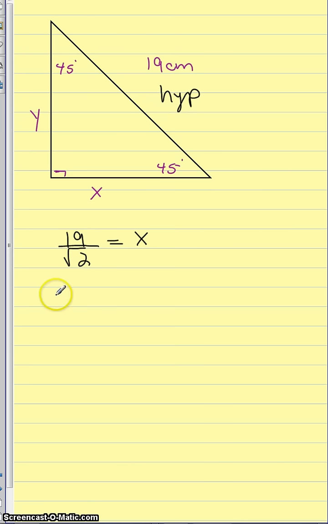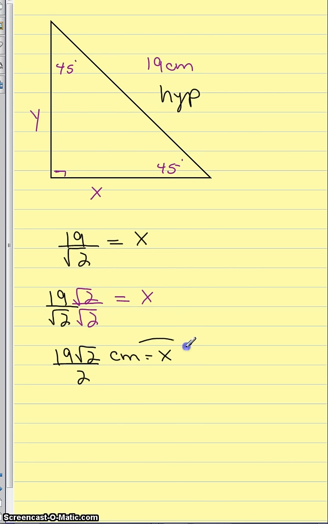Once again, I'm going to have to rationalize, multiplying the numerator and denominator by square root of 2. So 19 square roots of 2 over 2 centimeters will be the value of x. Since the legs are the same measurement, that is also the value of y.